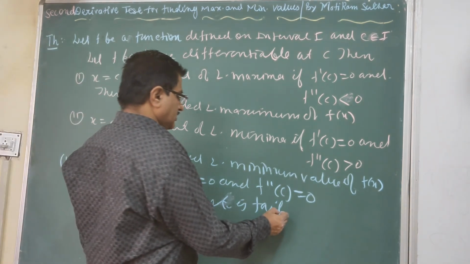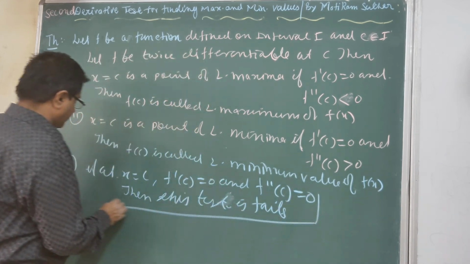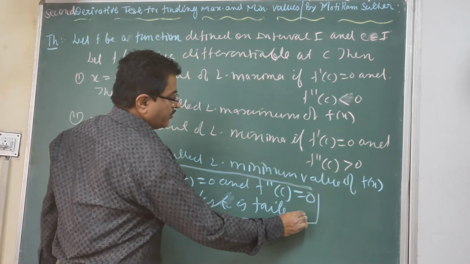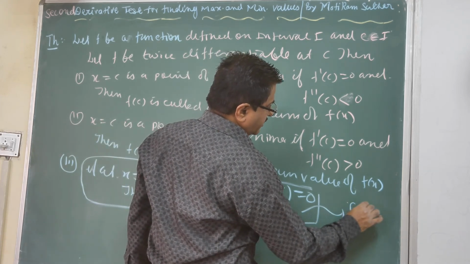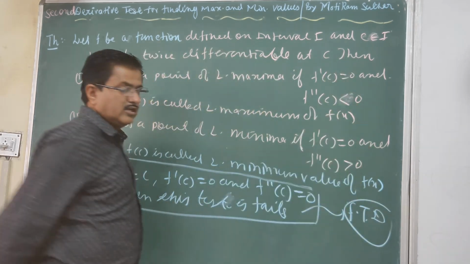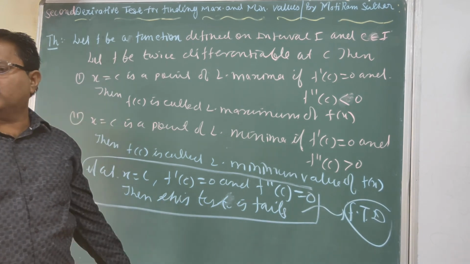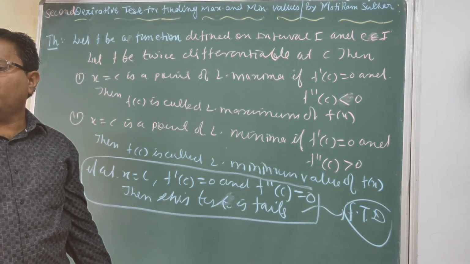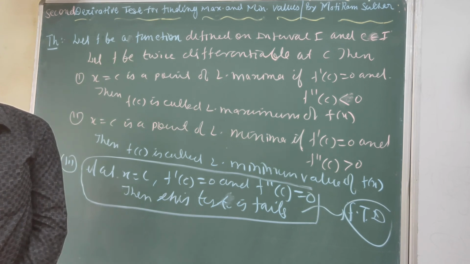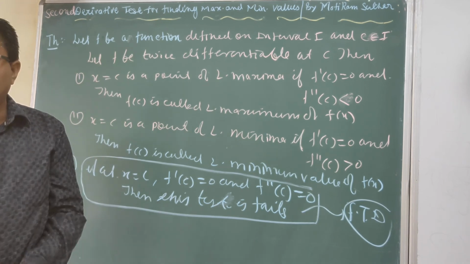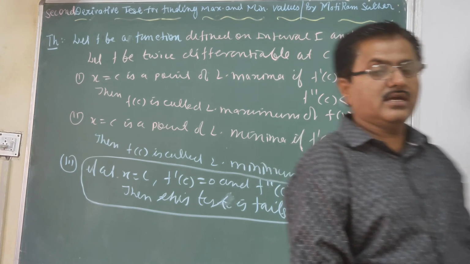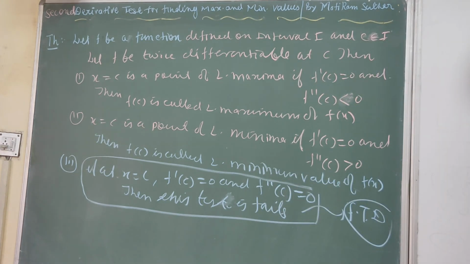So in this case we cannot check whether the given function has a local maxima, and we have to return to the first derivative test. With the help of the first derivative test, one may again check as we did in the previous topic.